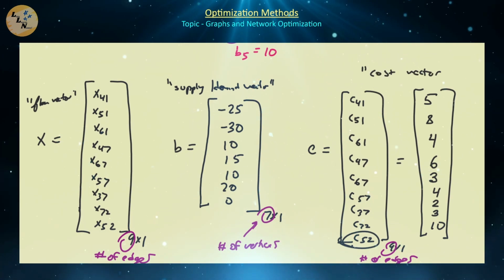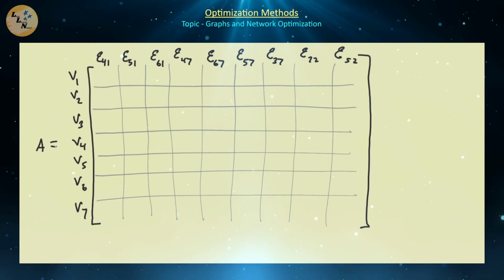All right. So now that we have defined our flow vectors, our supply and demand vectors, and our cost vector, now we need to define our coefficient matrix A for our linear program. So I've gone ahead and outlined what the coefficient matrix's structure is going to look like.